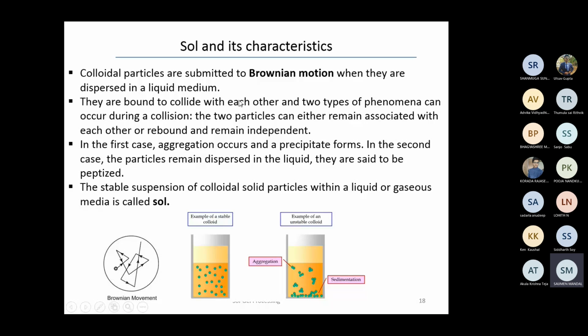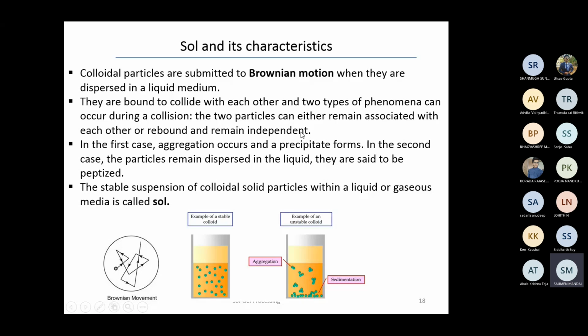In this case, two particles can either remain associated with each other, rebound, or remain independent. If they remain associated, agglomeration will happen. If they are independent, you will get a stable Sol, and the particles remain dispersed. That is the requirement: it should be independent. It should not rebound.